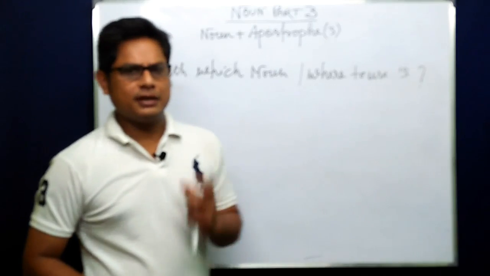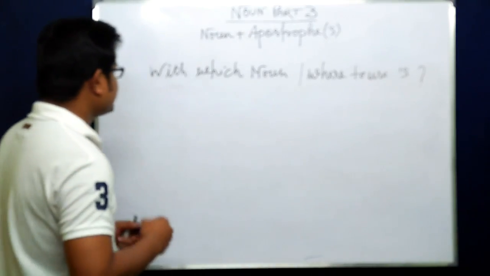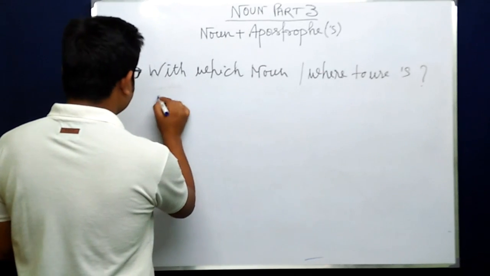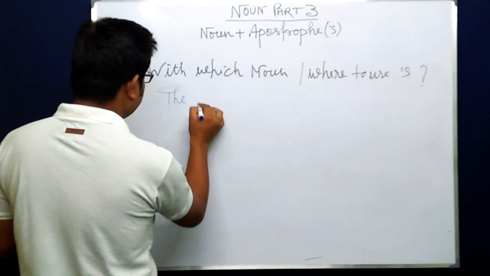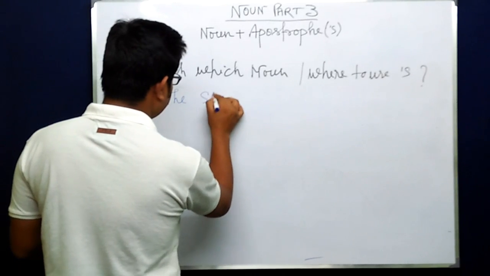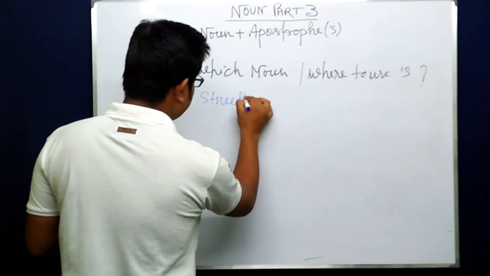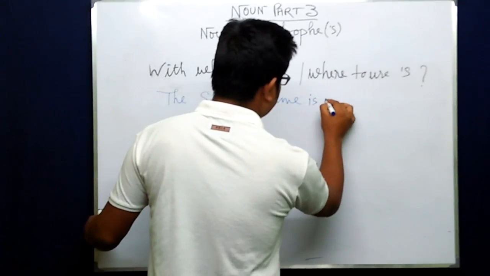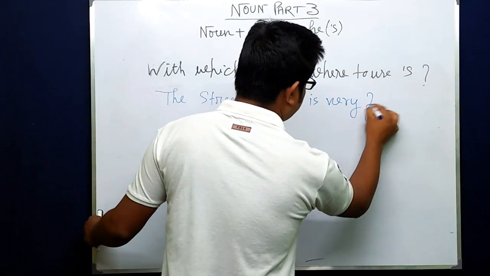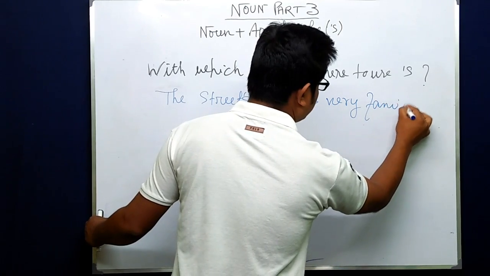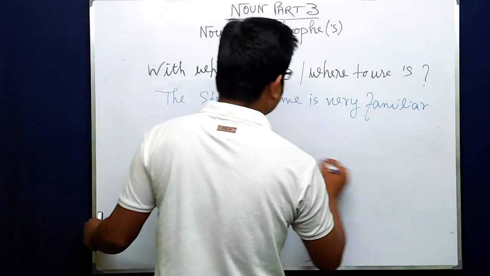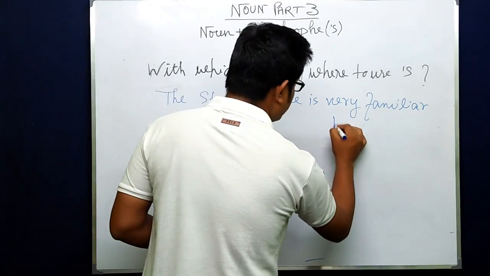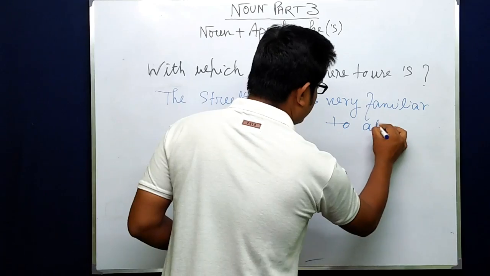Now let me give you another example. Let me give you one sentence. Suppose it is written: number one, the street's name is very familiar to all.